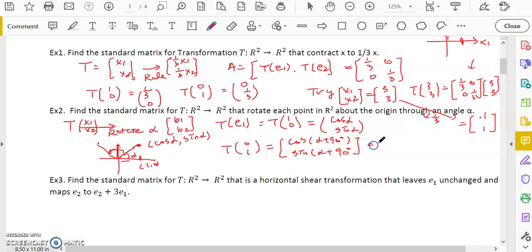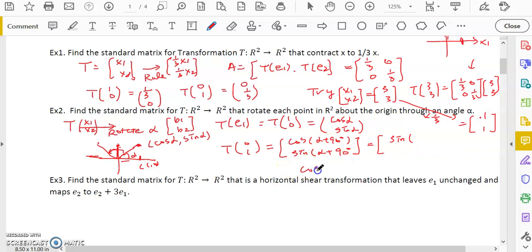Cosine of alpha plus 90 degrees means what? If this is 90 degrees, we can simplify this. Use the cofunction identity: this is equal to sine of 90 minus it, right?